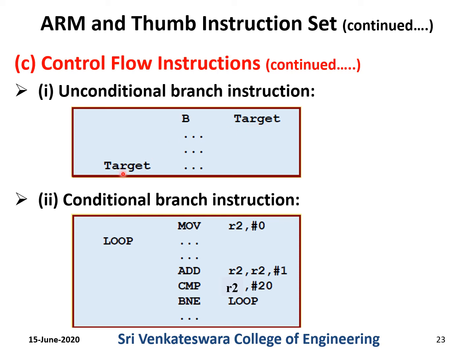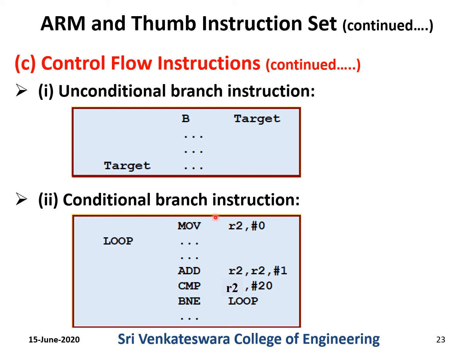Label indicates the memory location where the branch has to take place, where the branch has to go. So B followed by target. Here target is the label used. So once this instruction is executed, immediately the program counter value will be changed to this memory address, and the instruction starting from this location onwards will be executed.